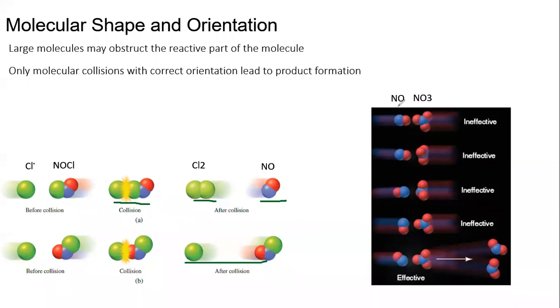Now if we look at this one where we have NO and NO3, you can see all the different types of orientations of NO3 that don't give an effective collision. And then the last one is the only one out of all 5 of these shown that gives an effective collision to form products. So say 1 out of 5 collisions leads to an effective collision. So molecular shape and orientation of the molecule is very important.